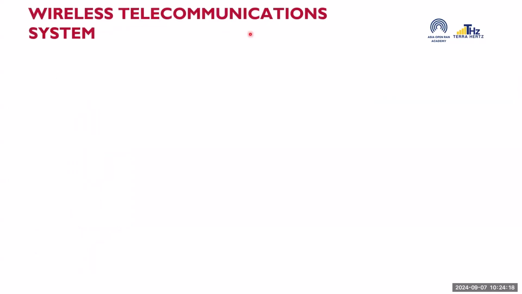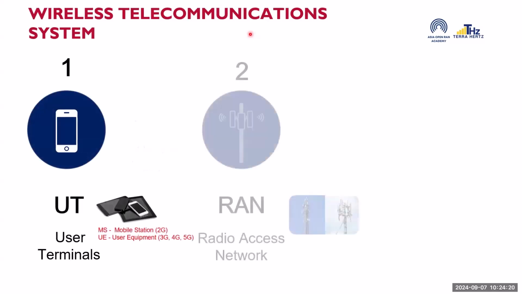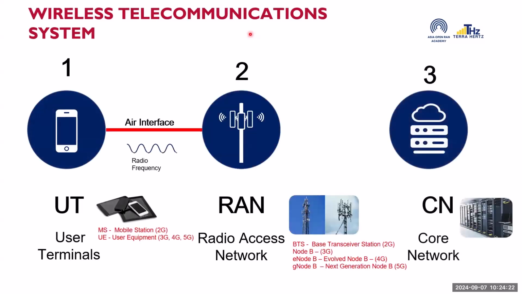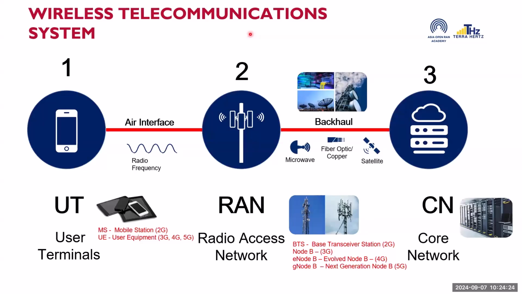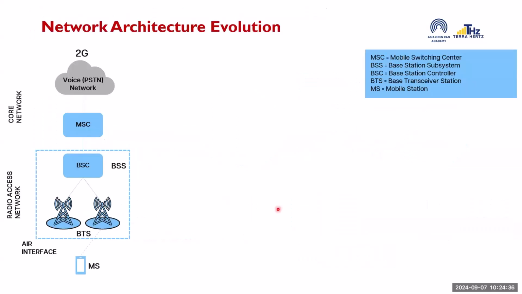This is the entire end-to-end system architecture, but we will go a little deeper sa discussion ng architecture. So you have the core network on top, the radio access network, and then the user terminals.